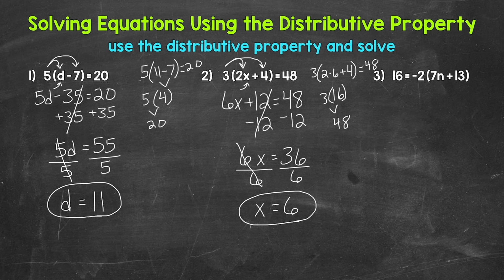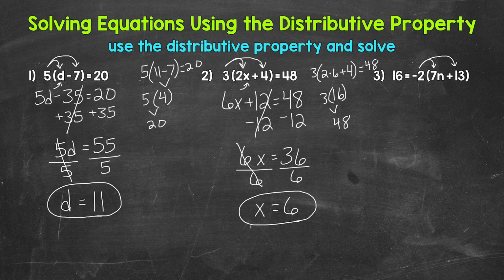Lastly, let's move on to number 3, where we have 16 on the left side of the equation equals, and then on the right side, we have -2, and then in parentheses, 7n plus 13 end parentheses. So let's use the distributive property here in order to solve this equation. Let's distribute -2 to 7n and 13.